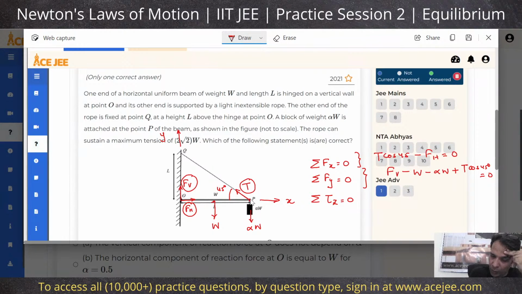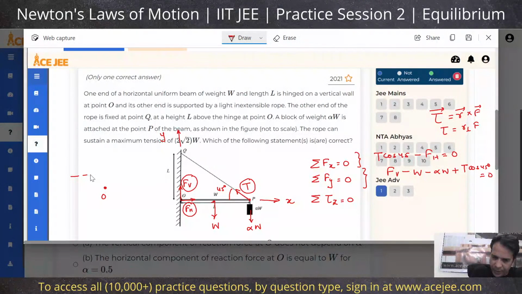Now you have to figure out which one is more convenient, right? So why am I picking point P? Because I know the torque is R cross F. Torque due to any force F is R cross F. In other words, its magnitude I can write as moment arm into F. What is the moment arm? Let's say we're trying to find torque about this point.